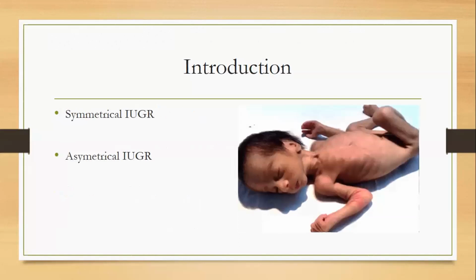So when we assess these babies who are small for gestational age or who've got intrauterine growth restriction, we divide them into those with symmetrical intrauterine growth restriction and those with asymmetrical intrauterine growth restriction. The ones with symmetrical IUGR, it means that their head circumference is small and also their weight is small.